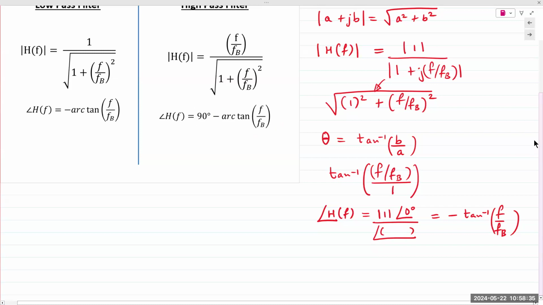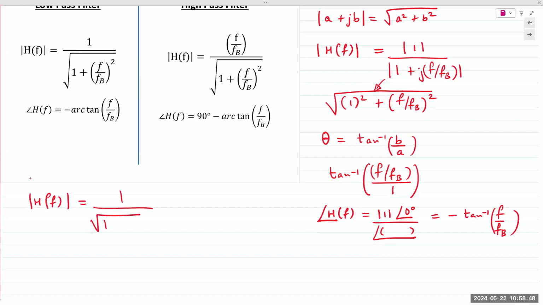This also leads me to explain the magnitude of a transfer function at f over fb. What does it become?